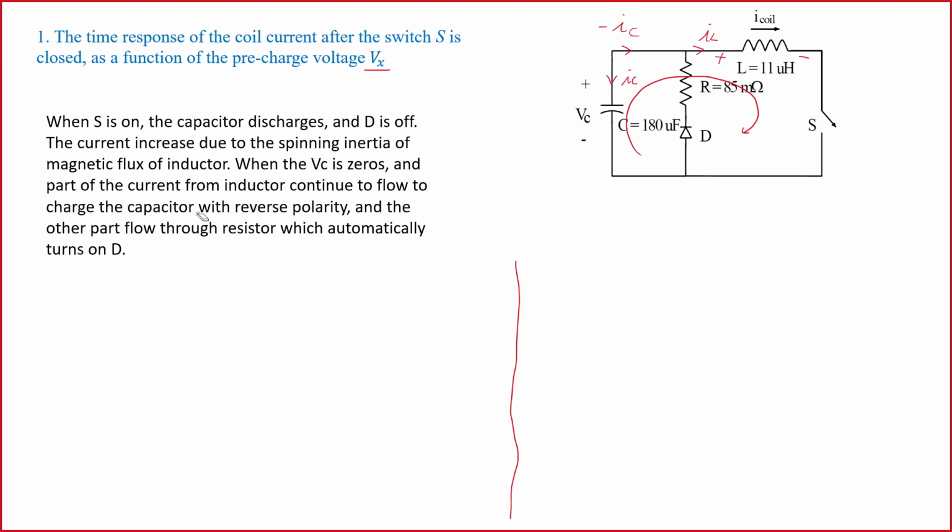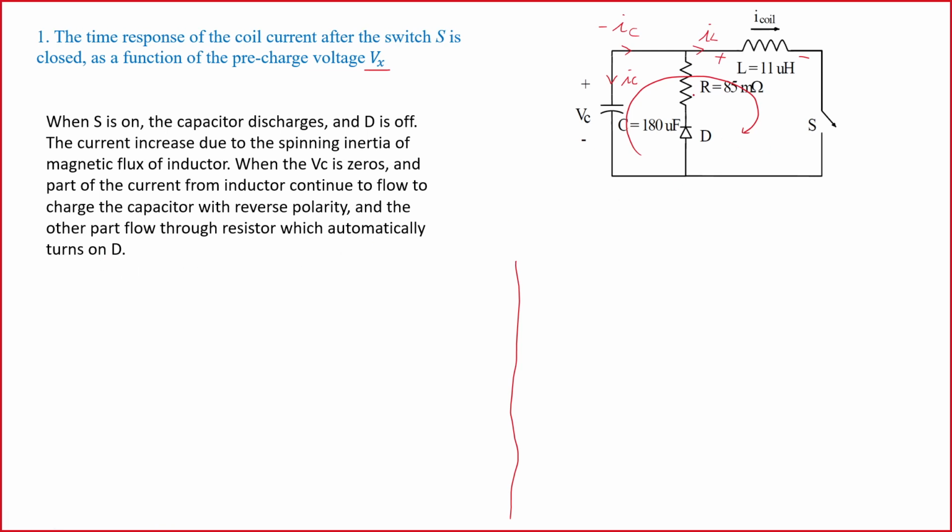Just suppose it might happen: the inertia of the energy stored in the inductor continues to suck current this way. But if the resistor is too big, it may also charge the capacitor in reverse polarity, but it's not always true. Just make an assumption first. The other part of the current flows through the resistor, which automatically turns on D.